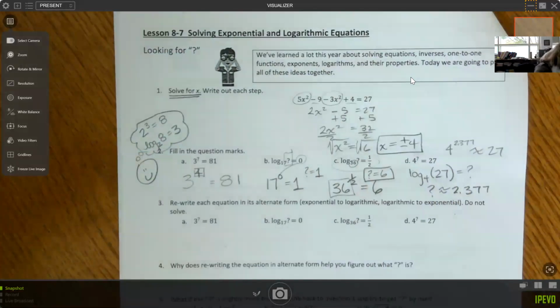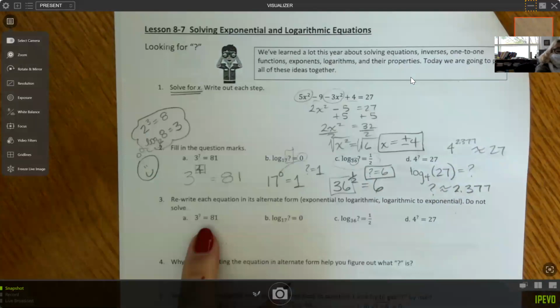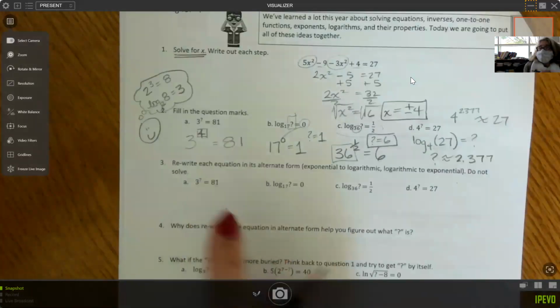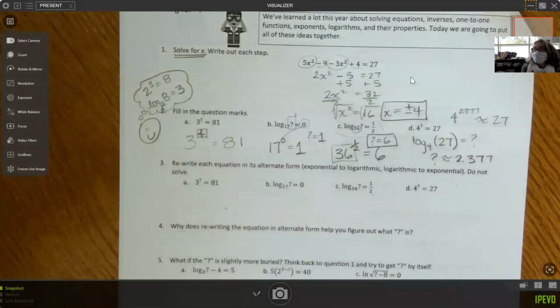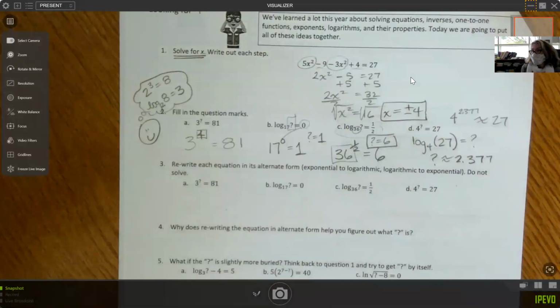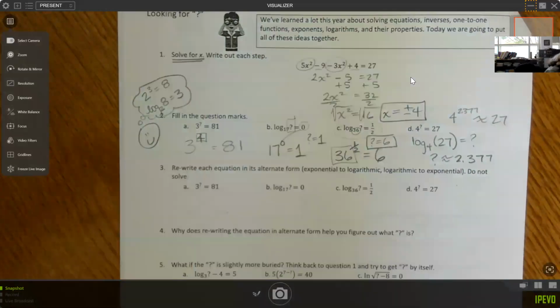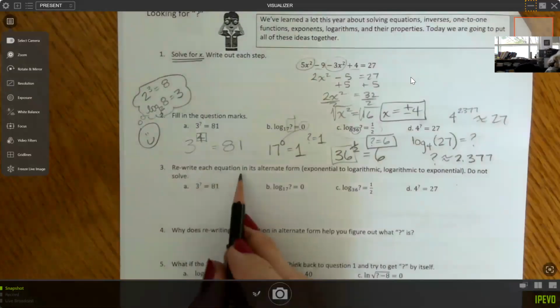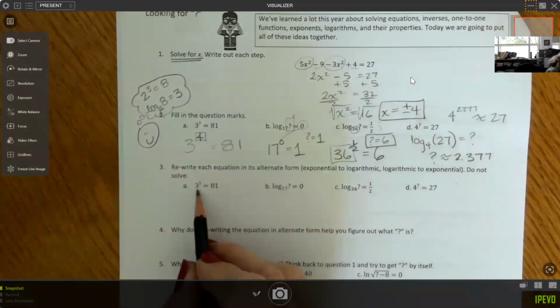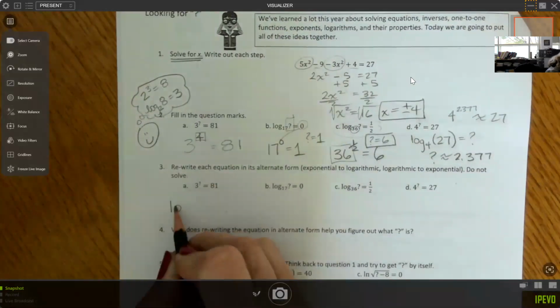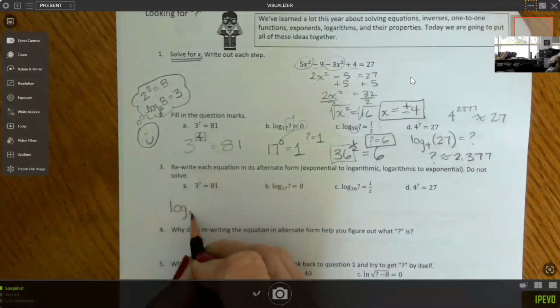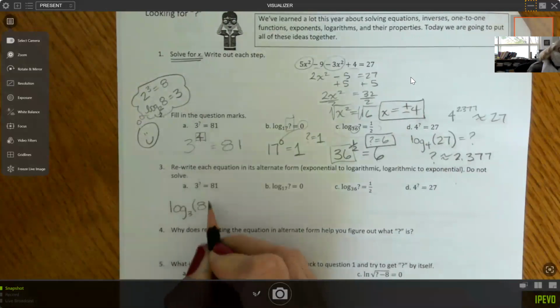Okay. What they say next is, rewrite each. I rewrote them up here because I think it's sometimes the easiest way to explain a log expression is rewriting it as an exponential. If I rewrite this one, it's saying log base 3 of 81, right?